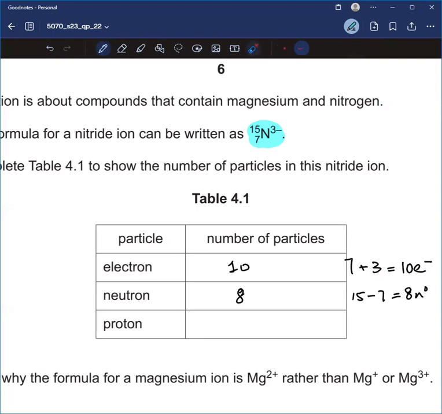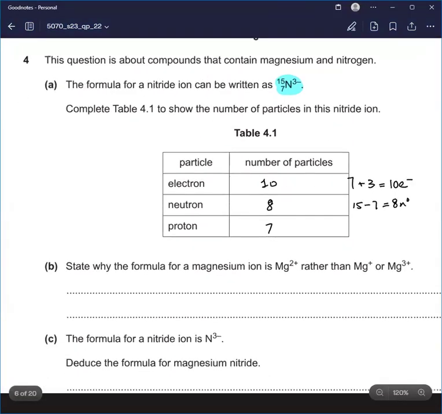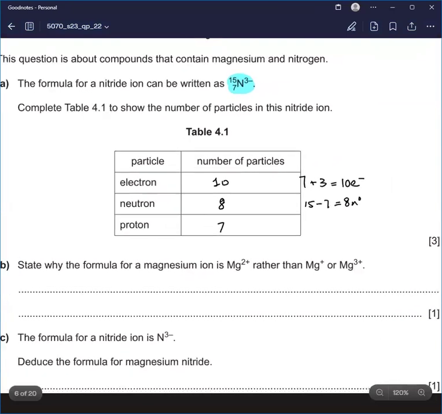Protons, we'll directly write this number, 7. Okay, so let's move on to the next question. I hope it's clear to you. It's quite easy, so it should be clear to everyone.